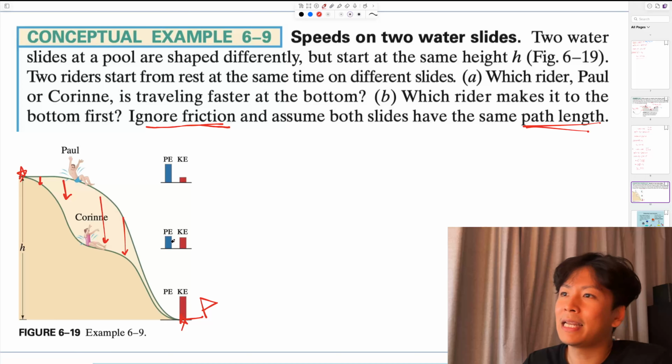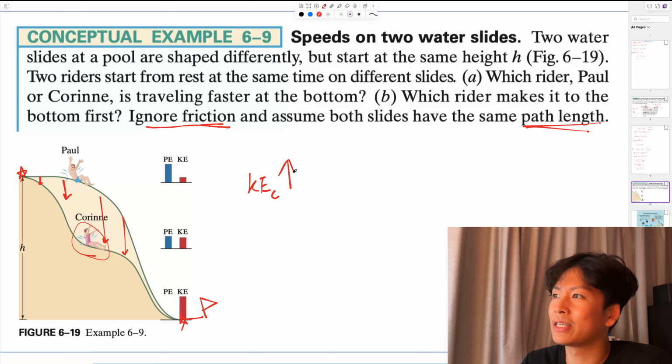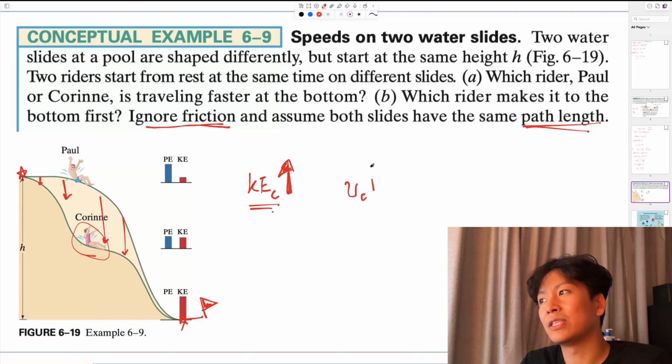What that means is Corin always has higher kinetic energy. The kinetic energy of Corin is always going to be higher than Paul's, even though at the bottom they have the same kinetic energy. Along the path, she has higher kinetic energy overall, which means her speed is always higher.